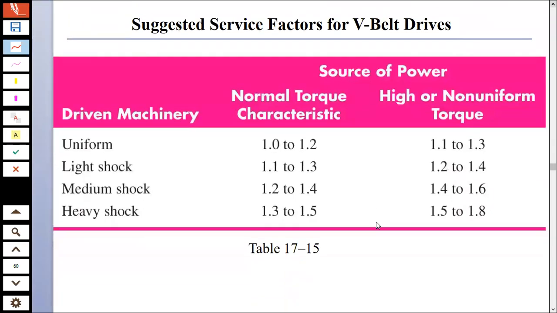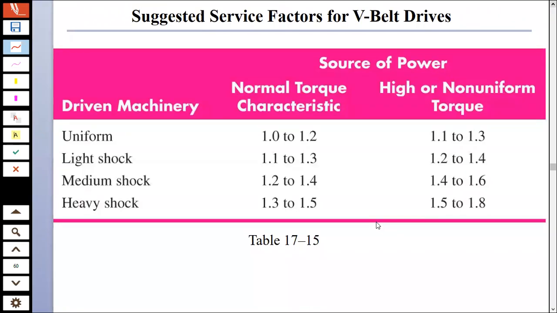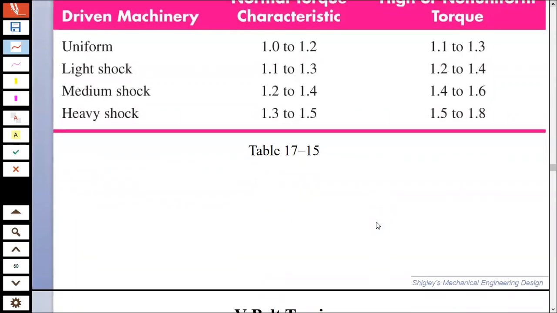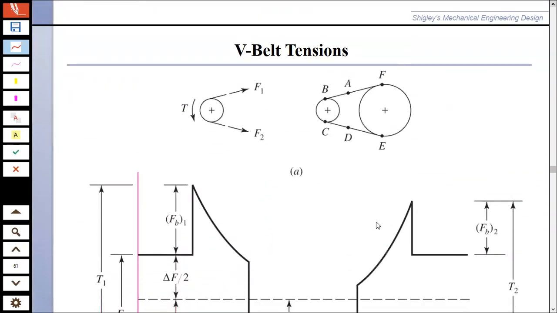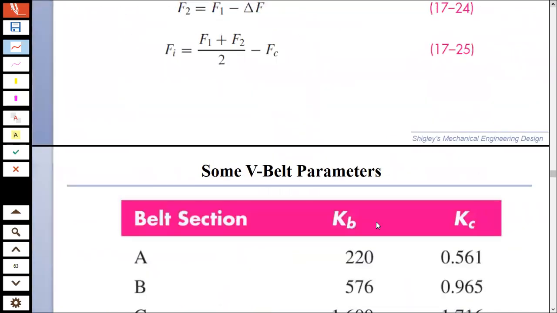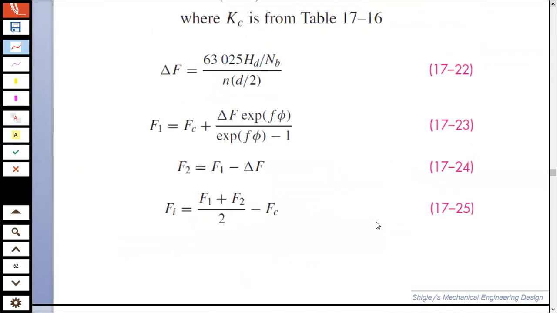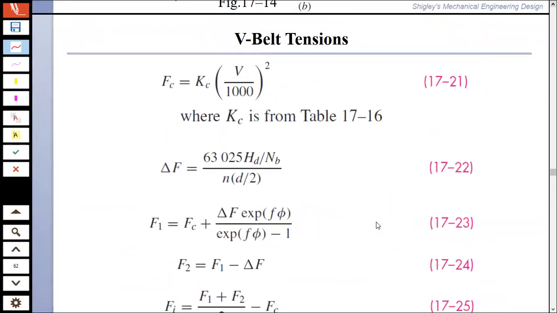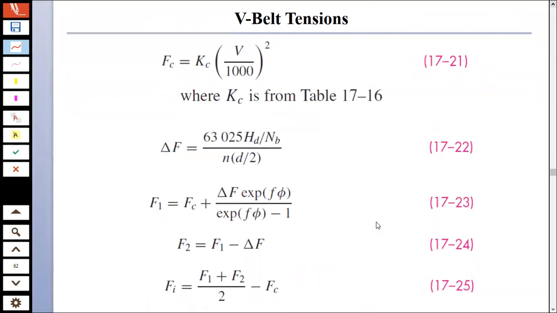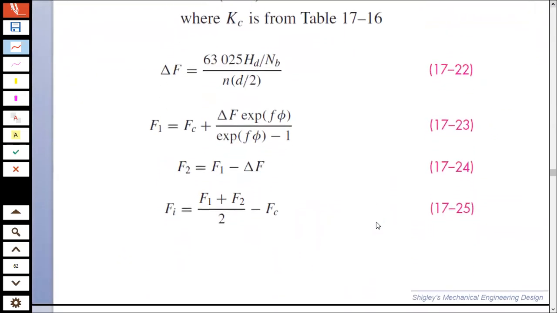These are the suggested service factors for V-belt drives, as you know: light shocks, uniform, medium shocks, heavy shocks, and so on. As far as the design is concerned, you will have the tensions for the V belts, F1, F2.